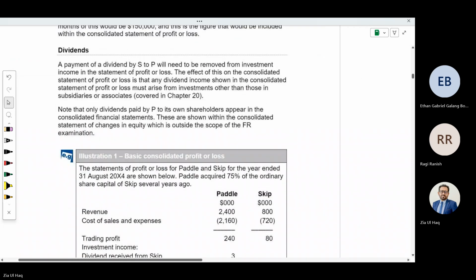Dividend. Payment of dividend by subsidiary to parent needs to be removed from investment income in the statement of profit and loss. If the parent company has received any dividend from the subsidiary, obviously they recorded it in other income before calculating profit after tax. So if there is any information, we need to deduct that dividend from the parent company.